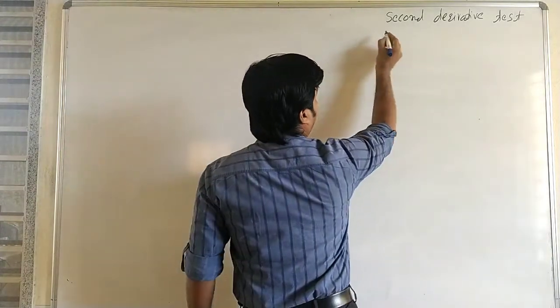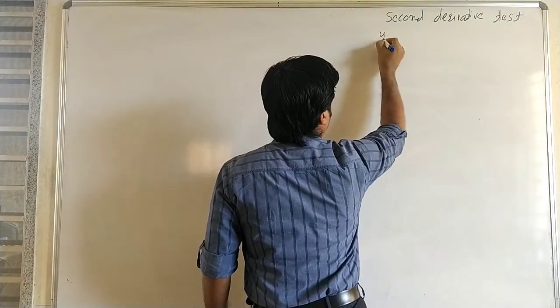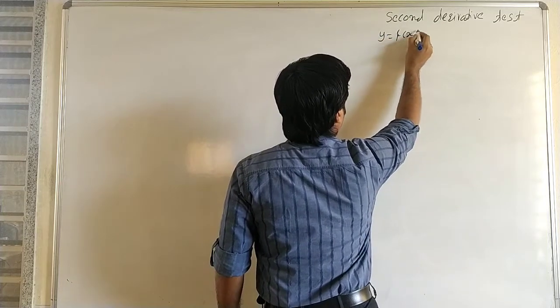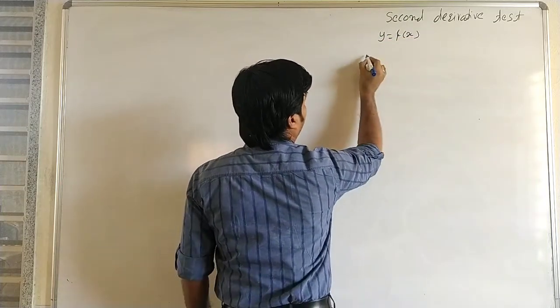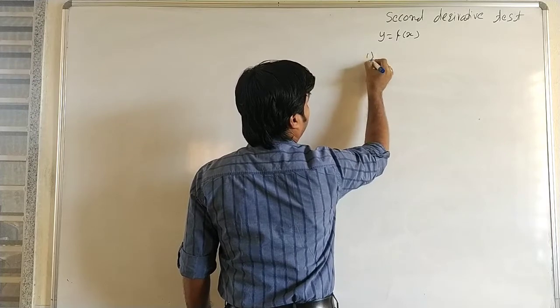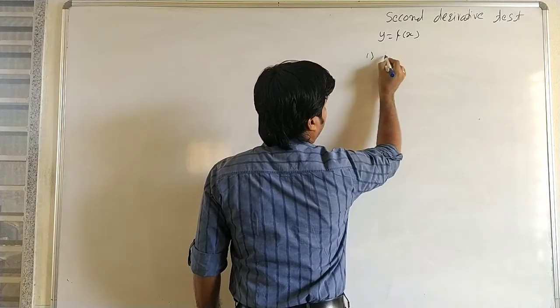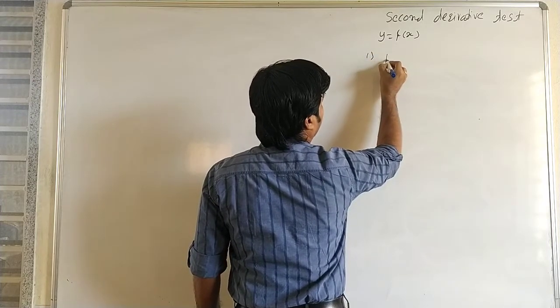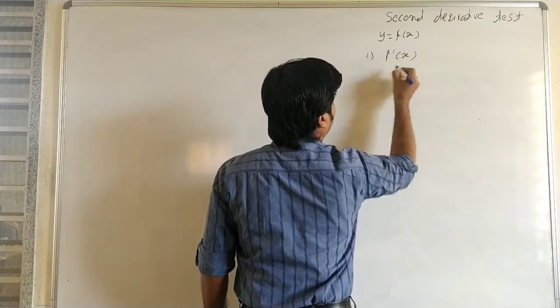Here y is equal to f of x, we have a function, then the working rule of the function. First step, find the derivative of the function, that is f dash of x, differentiate with respect to x.